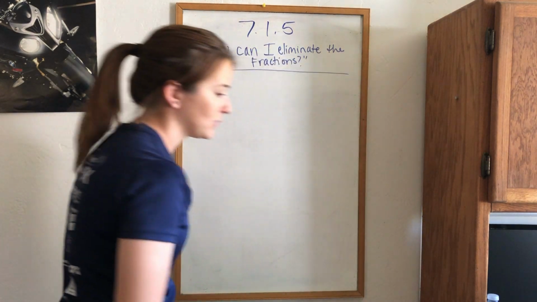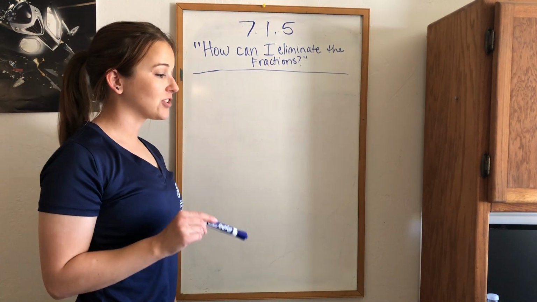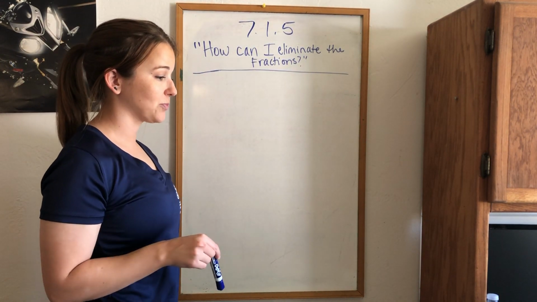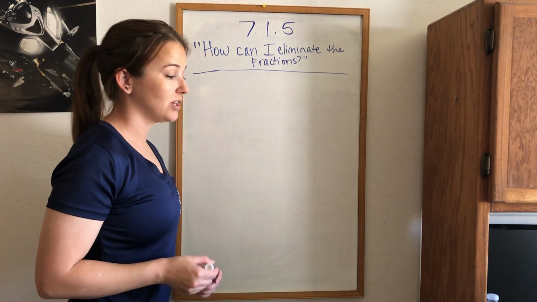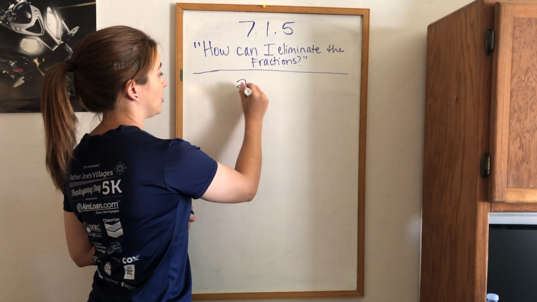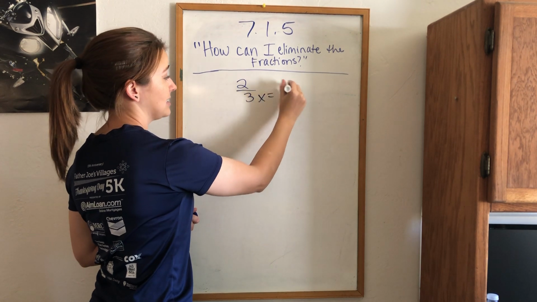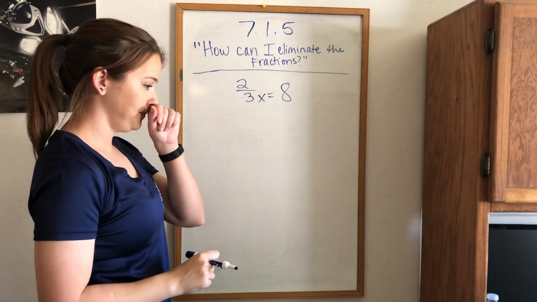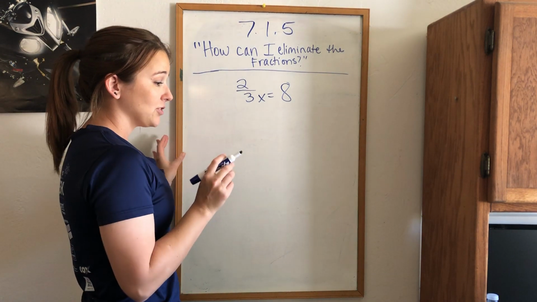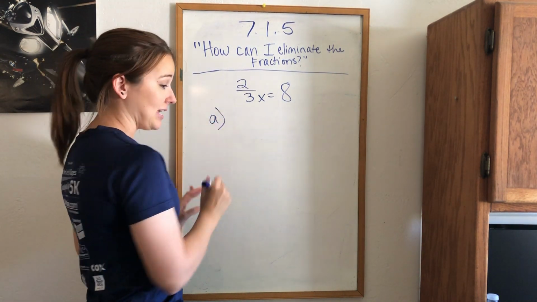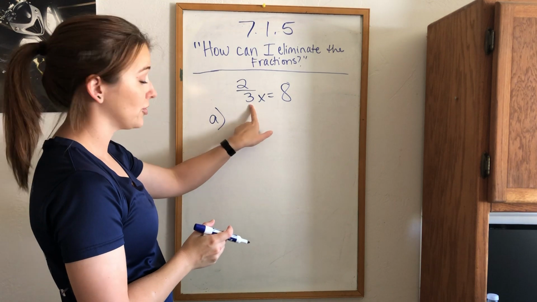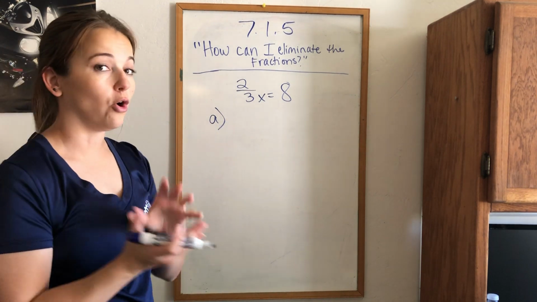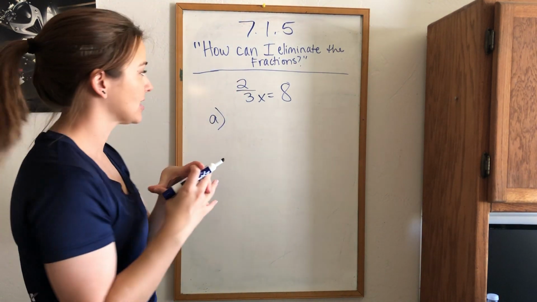Okay, part A. Will the strategy of turning fractions into integers from the last problem work with other equations, such as 2/3 x equals 8? Consider this question as we answer the following. So part A says, how many sets of 2/3 x would make a whole number of x tiles?